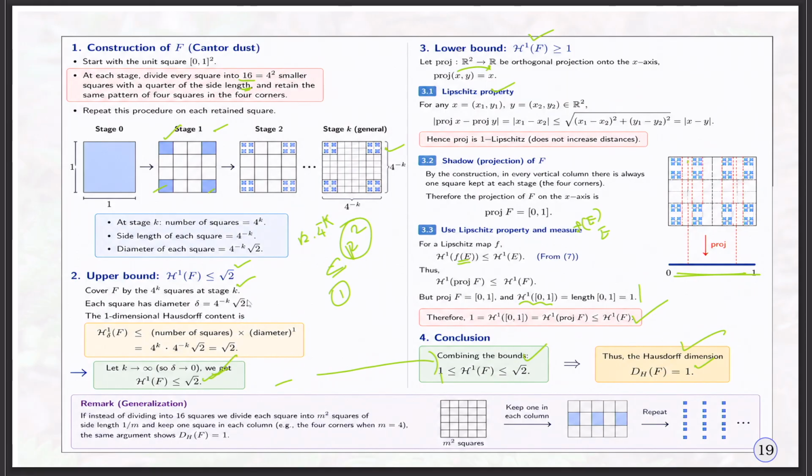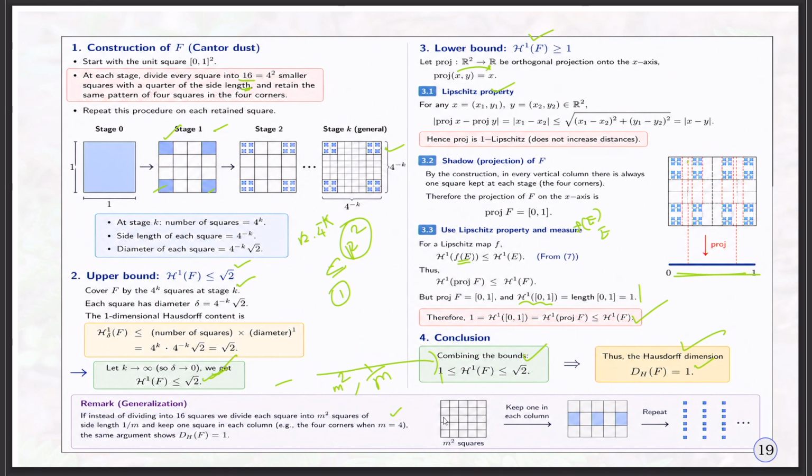We can generalize this Cantor set idea. If instead of dividing into 16 squares, we divide each square into m power 2 squares of side length 1 by m, and keep one square in each column, the 4 corners when m equals 4.